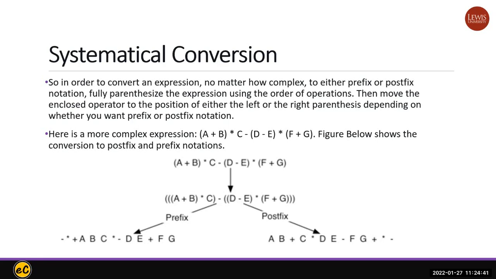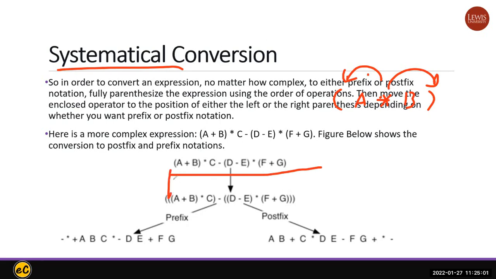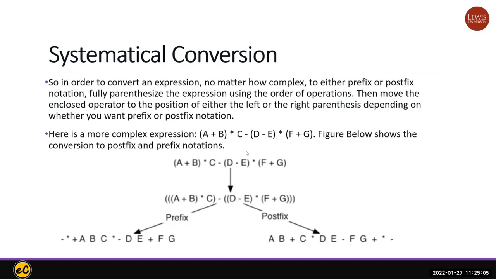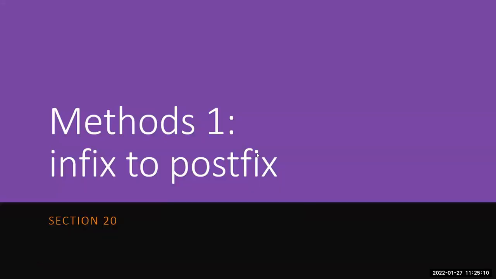So basically, whenever you finish a parenthesis pair, you decide to move the operator to be here or to be here. But before you do that, you actually need to fully parenthesize your expression from the non-fully parenthesized one.